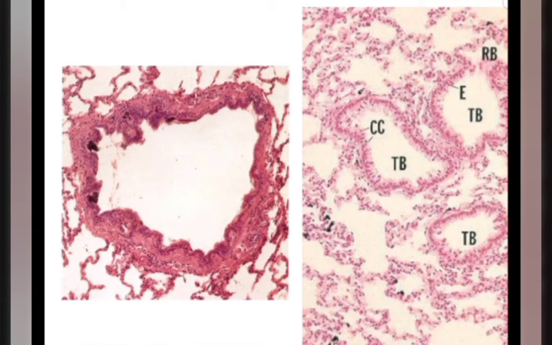Outer to the smooth muscle layer, the hyaline cartilage is present in the form of irregular plates. In larger intrapulmonary bronchi, these plates completely encircle the lumen.